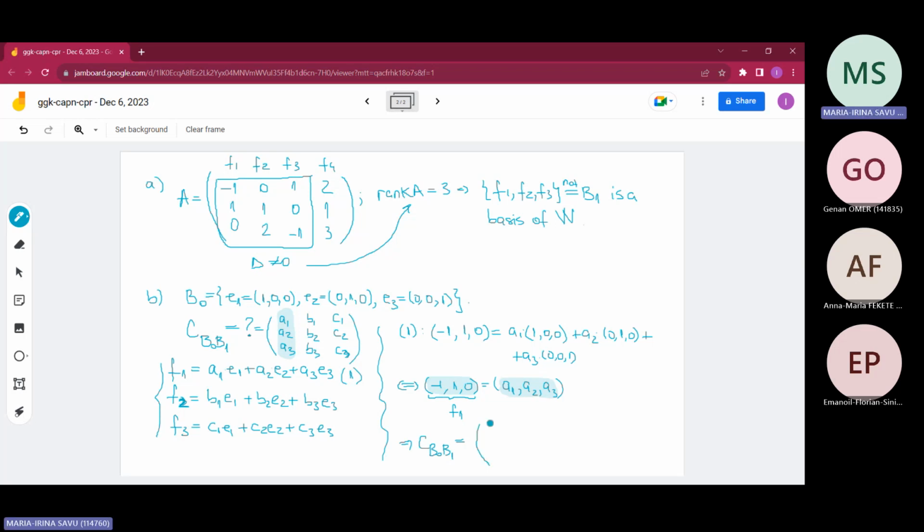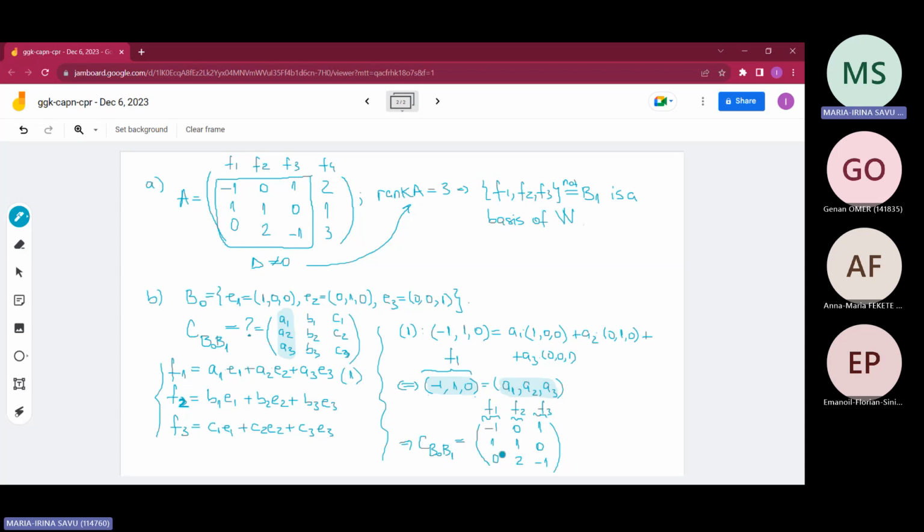So you have to write F1 here, then F2, and then F3. And that's all. Without computations, you could write directly this matrix.